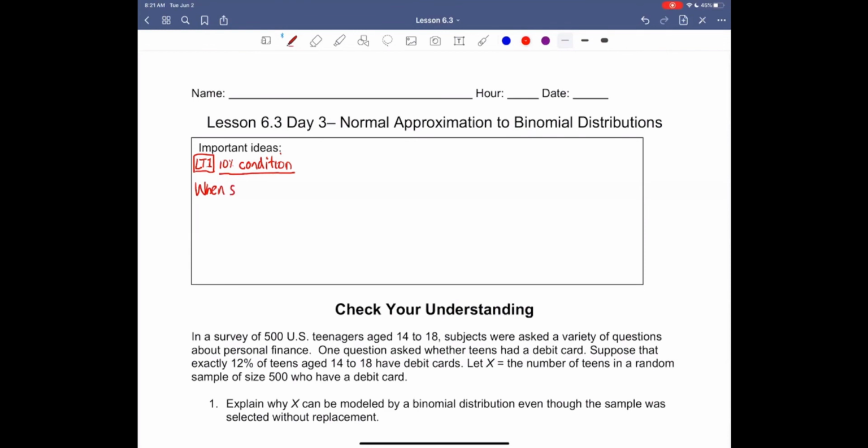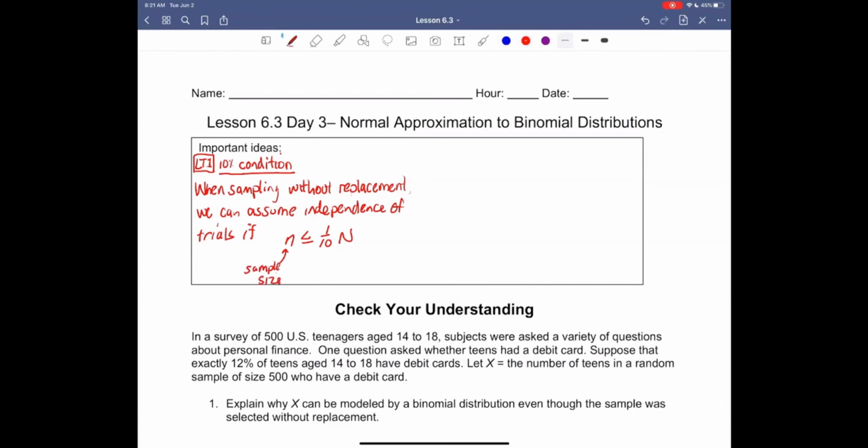So we'll say here, when sampling without replacement, we can assume independence of trials, which would then allow us to use a binomial distribution if lowercase n is less than or equal to 1/10 capital N, where lowercase n is the sample size and capital N is the population size.